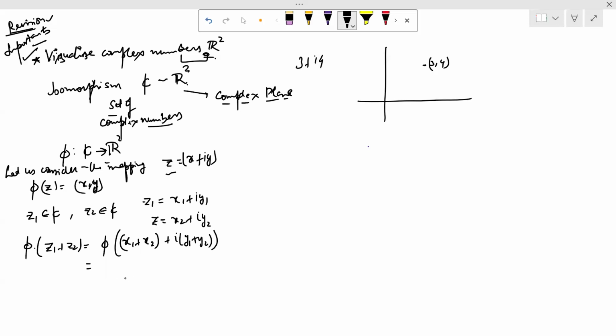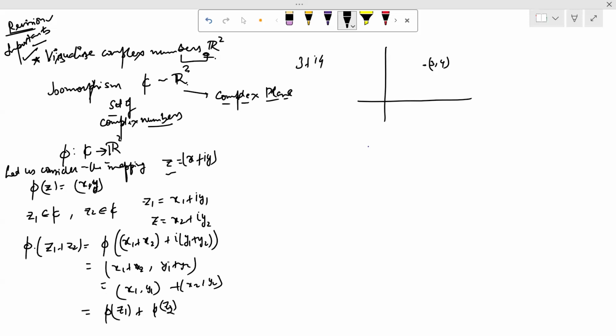And that will give you x1 plus x2 comma y1 plus y2. And you know that this is equal to x1 comma y1 plus x2 comma y2, and x1 comma y1 you can write as phi of z1, and this you can write as phi of z2.